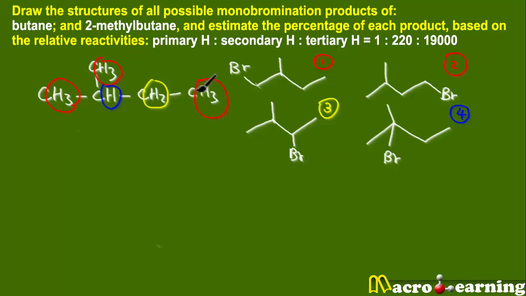So let's see, say number 1, the ratio of number 1 to 2, to 3 to 4 would be the relative reactivity of each one times the number of hydrogens for each one compared to each other.